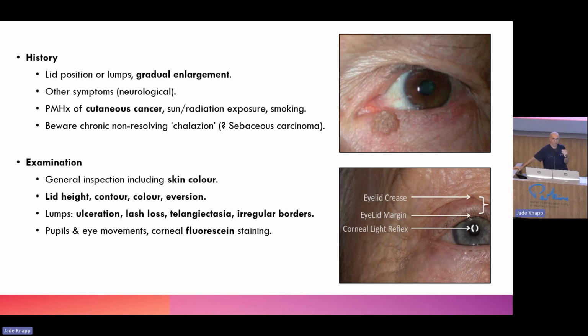If they're not able to close their eyes properly for whatever reason, then on the corneal surface you'll get fluorescein staining. And you'll learn a bit more about this in your workshop. Okay, so that should be part of the examination. And then if you're worried about a possible cancer, the submandibular and preauricular lymph nodes, that's where the eyelids drain to. So you want to palpate those.